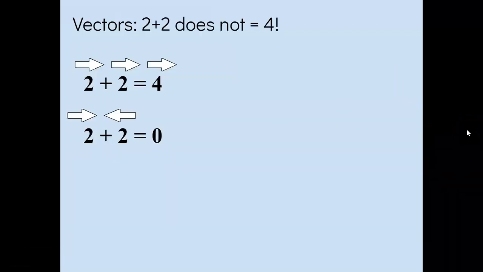Okay, and for vectors, again, when we're thinking about how we're traveling, our displacement, 2 plus 2 does not always equal 4. Okay, so if you take 2 steps in an easterly direction and then take another 2 steps in the same direction, then yeah, you have moved 4 spaces.